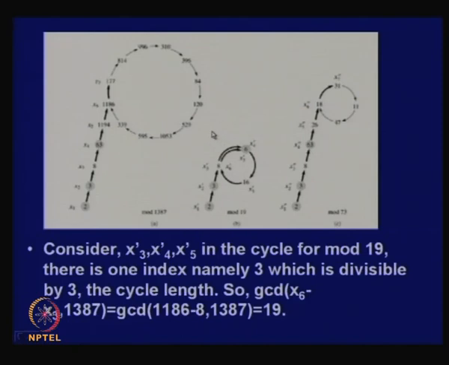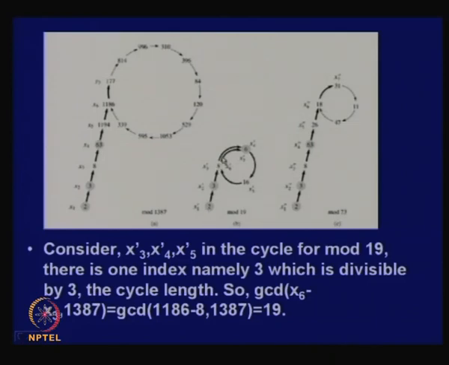How are the cycles made? You have understood that this is 1387. We have used the function f(x) to find all these numbers, and in this row all the numbers are reduced modulo 19.